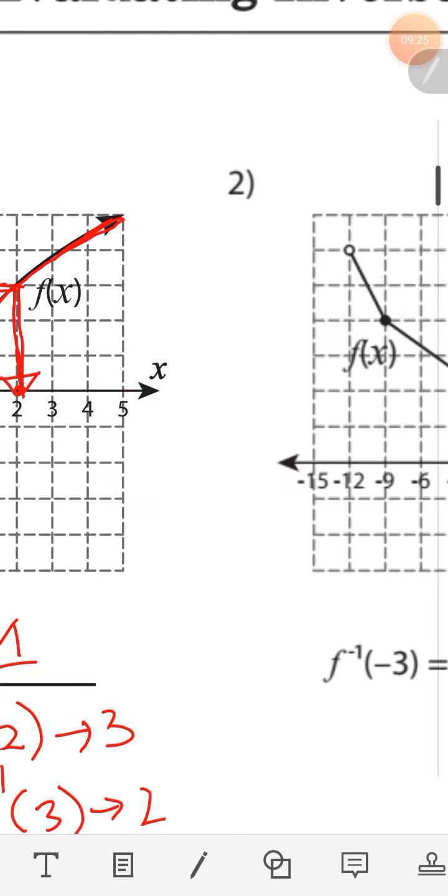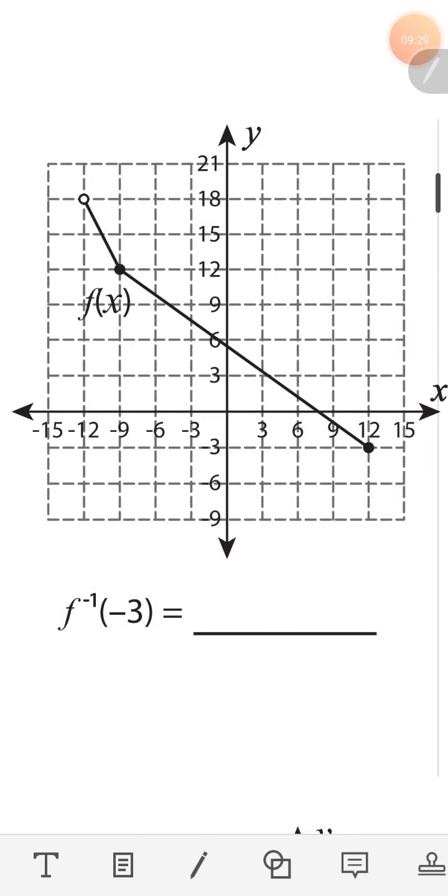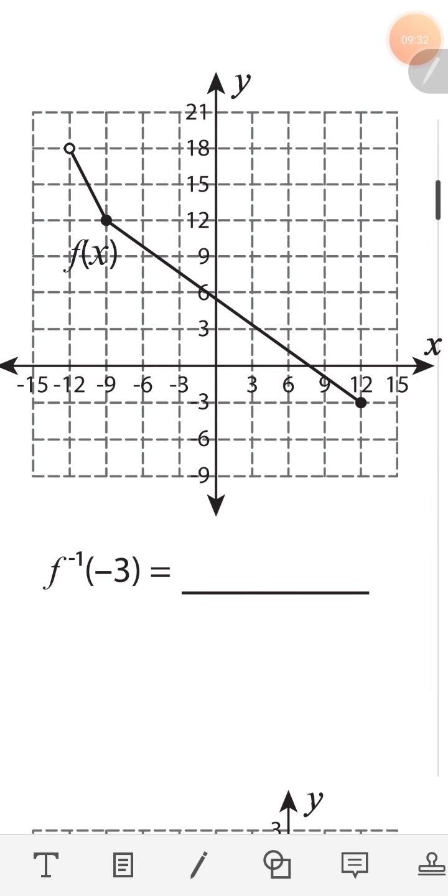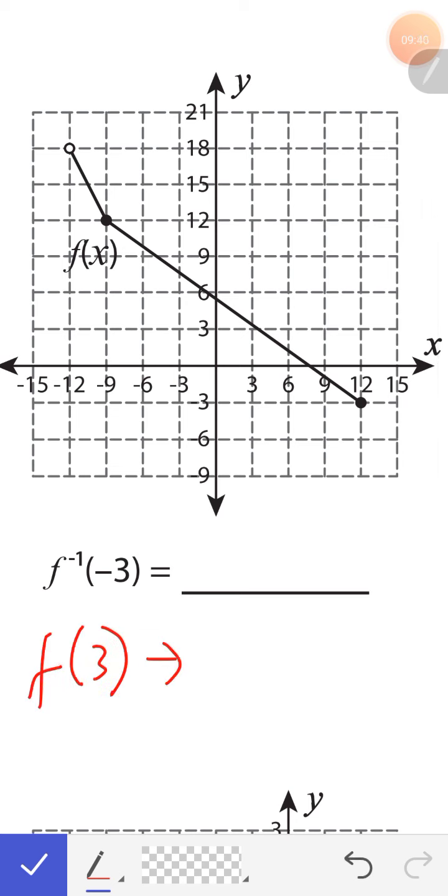Let's do another example. They're asking me for the inverse function of negative 3. Remember, if it was a normal function and they asked me for the value of f of 3, I'd go to the x-axis because that's where the inputs are for normal functions. Put in 3, look for the value on the y-axis.